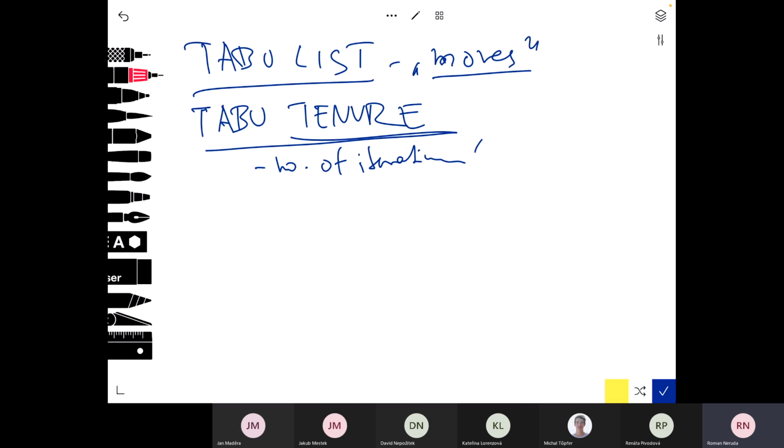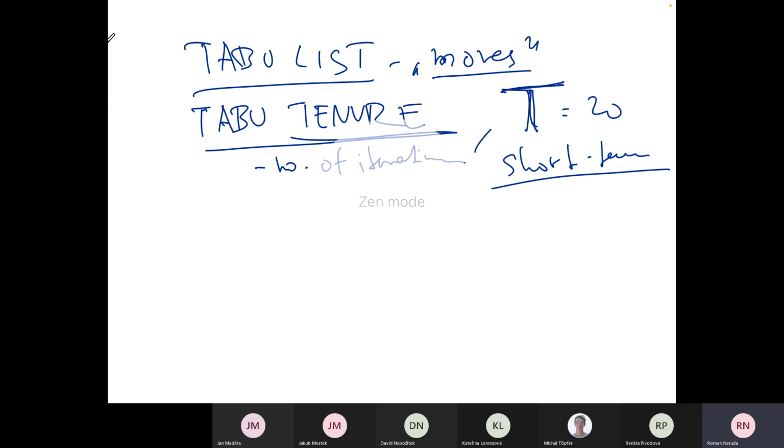So this can be static. You say, okay, I have some t, like, I don't know, 20 iterations, and the individual stays in the Tabu list for 20 iterations. It's a sort of short-term memory, right? And so it will limit the search for some time, like 20 iterations, and then it disappears from the Tabu list. Sometimes it's set in a dynamic way, so usually it's some random number from some interval, like T min and T max.